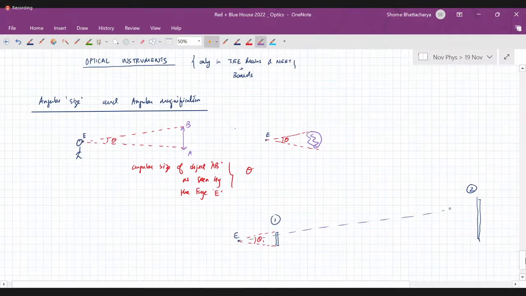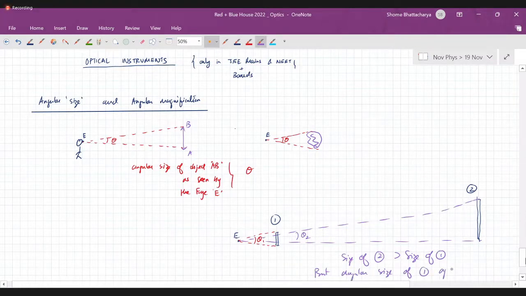So actually, to the naked eye, even though the size of 2 is greater than the size of 1, the angular size of 1 appears to be more.